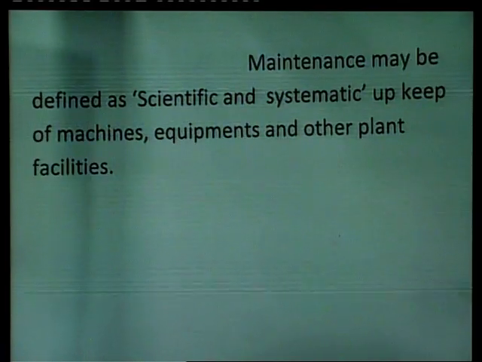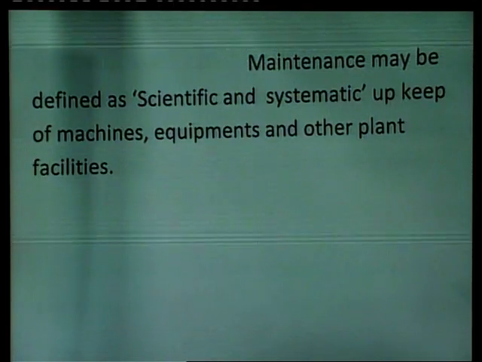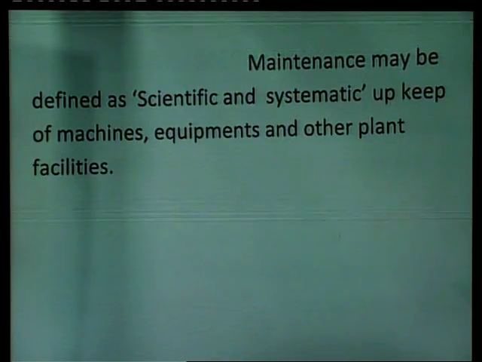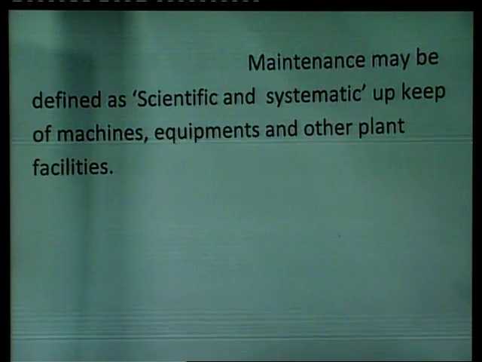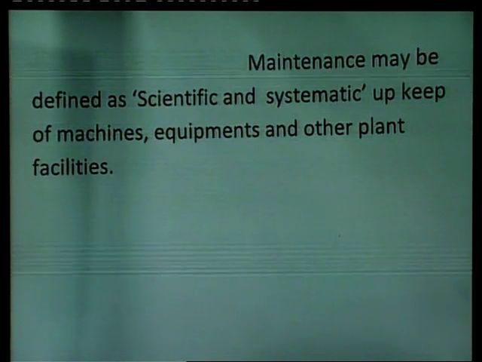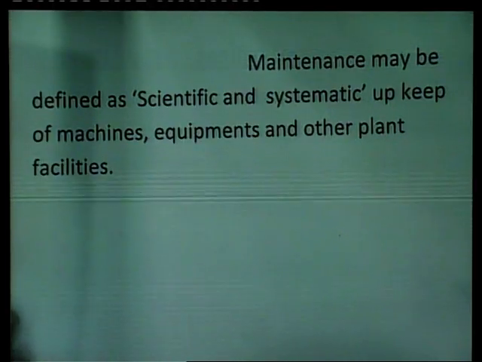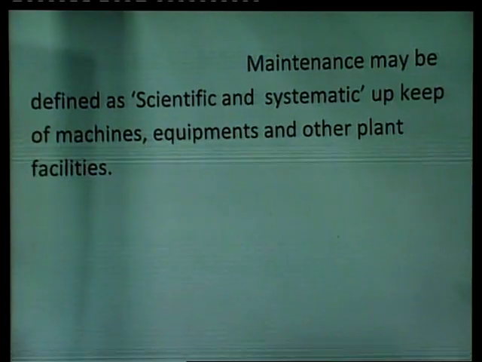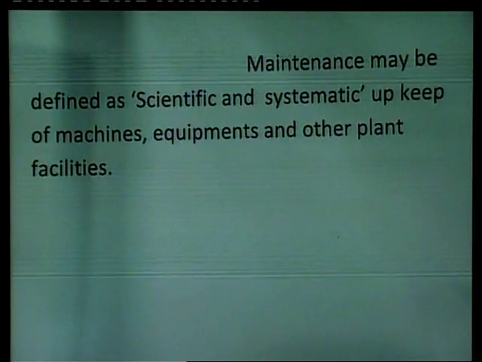Other important terms are maintenance planning, maintenance program, maintenance schedule, history card, facility register, job specification, job report, downtime, overhaul, housekeeping, etc. So maintenance may be defined as systematic and scientific upkeep of machines, equipments and other plant facilities.